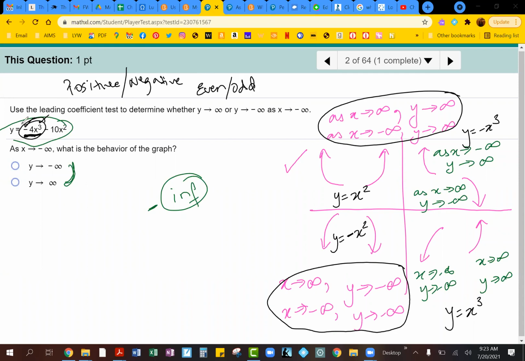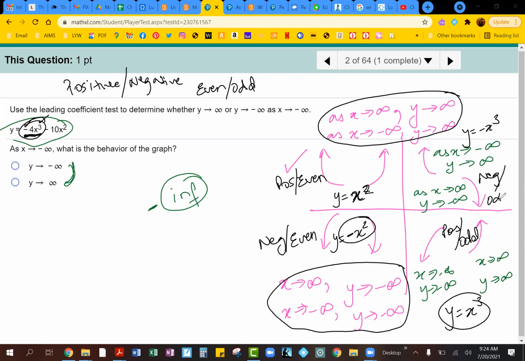So as you will see with this positive x squared, this is positive and an even exponent. The negative x squared is negative and an even exponent. With the positive x to the third, this guy is positive and odd. And this guy here will be negative and odd. So that's the behavior you are looking at.